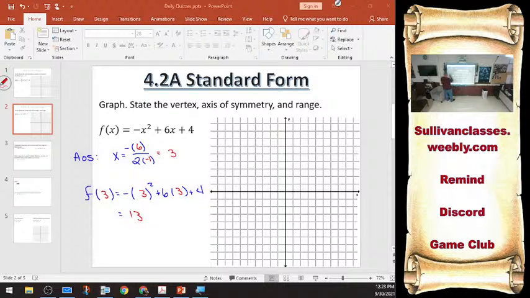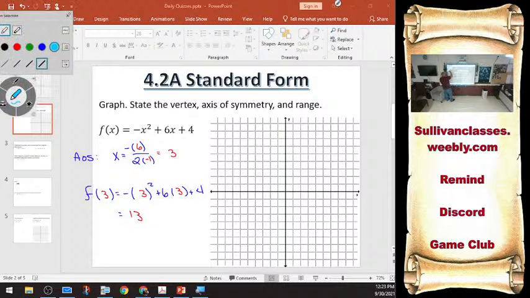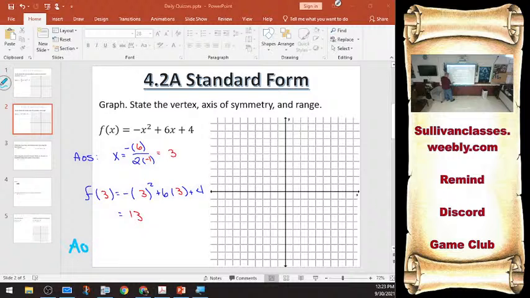That means I will have an axis of symmetry of x equals 3. I'll have a vertex of (3, 13). And just by looking at it, before I even graph, does it open up or open down? Down. Sad parabola. Which means this vertex is going to be a maximum.